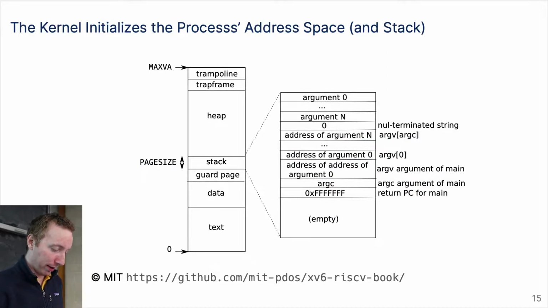In the case of C programs, whenever it starts any executable, it will initialize the stack with whatever arguments created it, which would come from an execve call, and it would allocate all of them, then a return address, and then some empty address, and then C would take over and do whatever. And then, like we saw before, there'd be a heap on that, and at least for some OSs, you might have a trap frame and some trampoline addresses that we won't really get into.